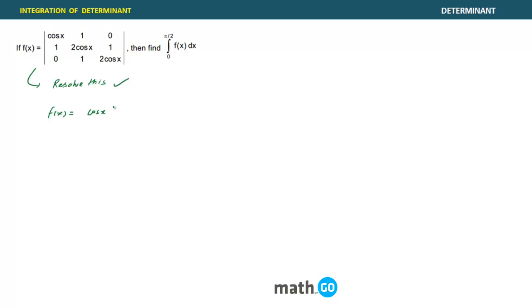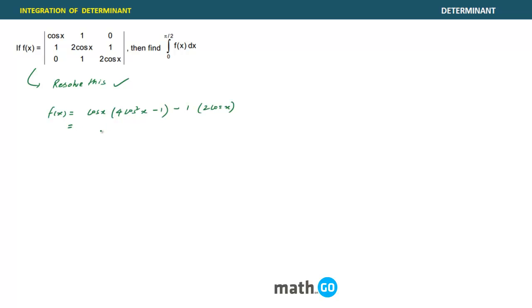So if I expand it by row 1, this will be what? 4 cos square x, this will be minus 1, plus 1 times this will be what? 2 cos 2x, oh sorry, not 2 cos 2x, it will be only 2 cos x, right? Okay, and sorry, this will not be positive, this will be negative.